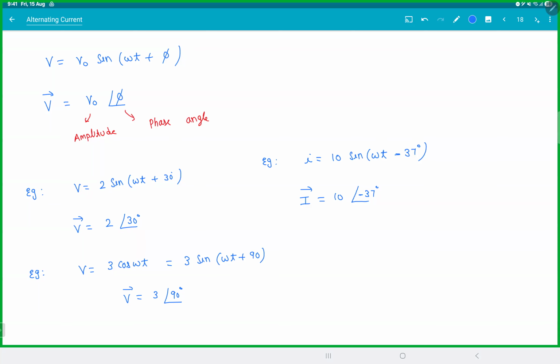Chalo, let's start off. Yeah, that's a little bit about phasors. Now, how do phasor operations work?